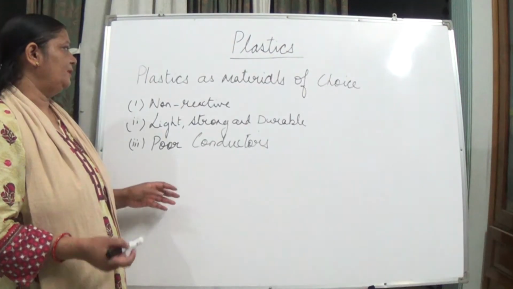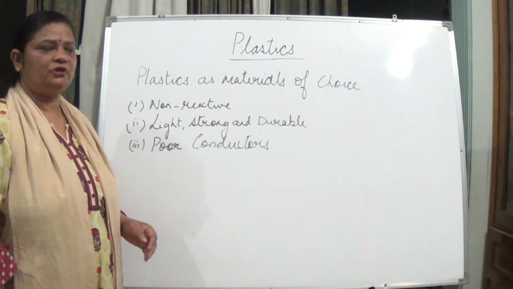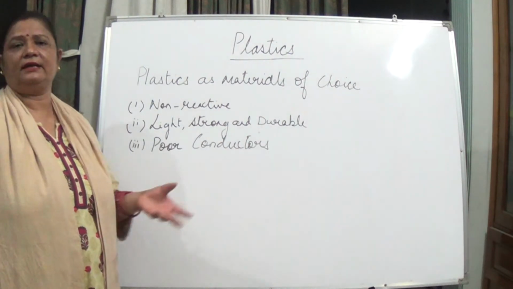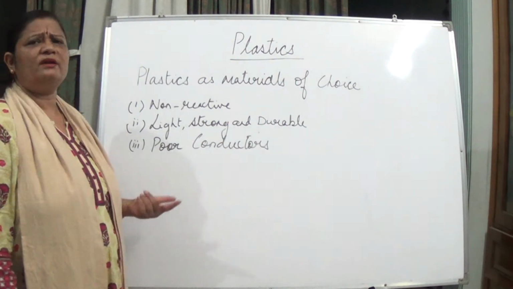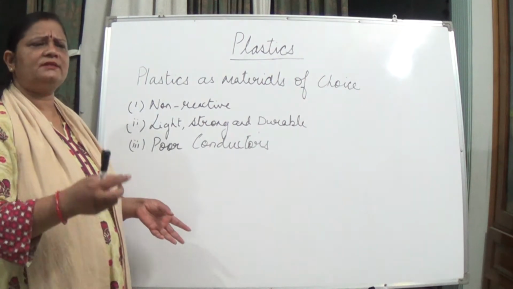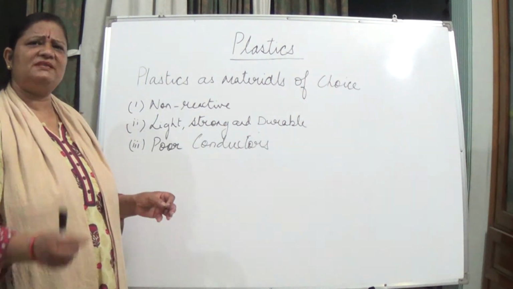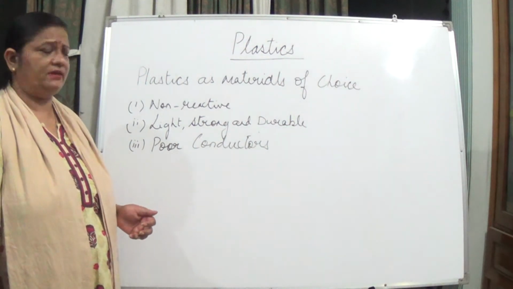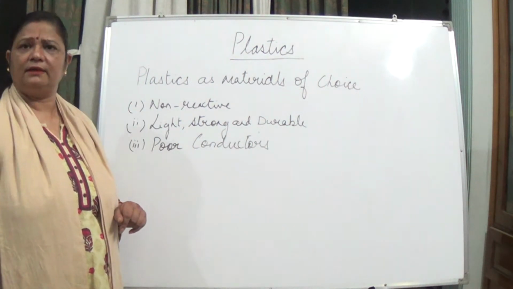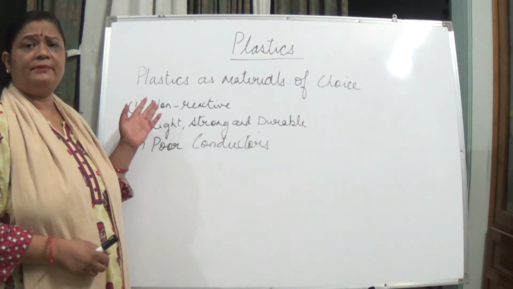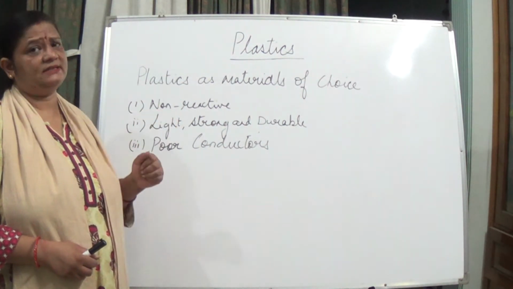So now, plastics as a material of choice. Why do we use plastics? Plastics are non-reactive in nature. If you keep something in a metallic vessel, it will react with it. But what happens with plastic? It doesn't. So even the chemicals in laboratories are kept in plastic containers.